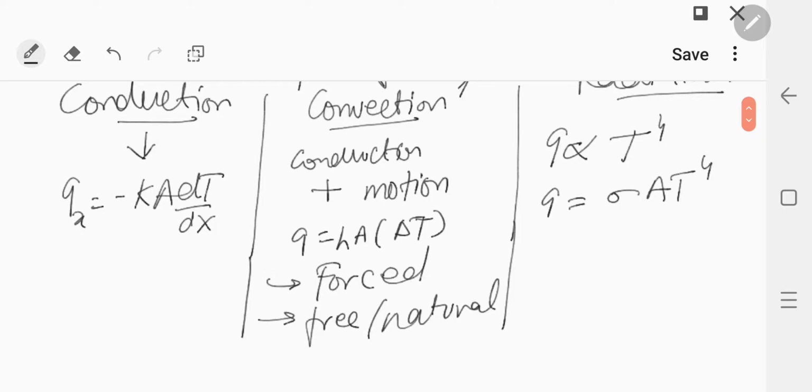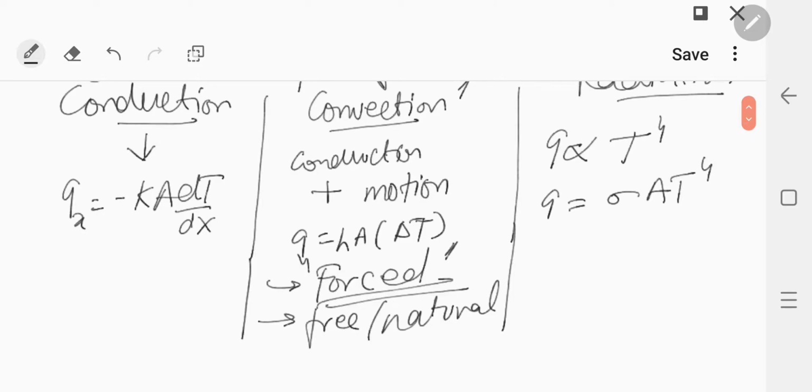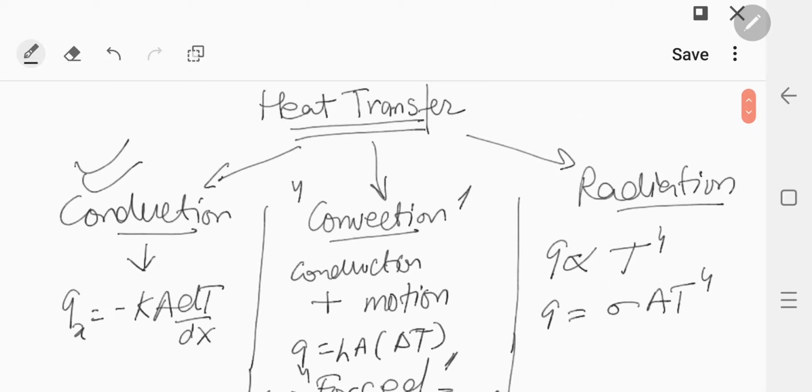Majorly, in our syllabus we'll be dealing with forced convection type of heat transfer. Radiation, we're not going to study to that extent. Clear? So let's start with the first case of heat transfer, that is conduction, steady state heat conduction.